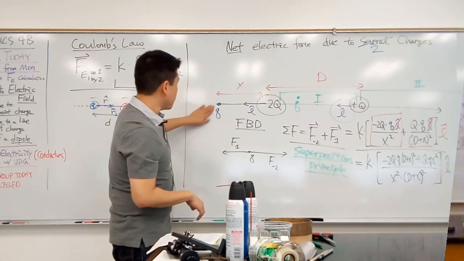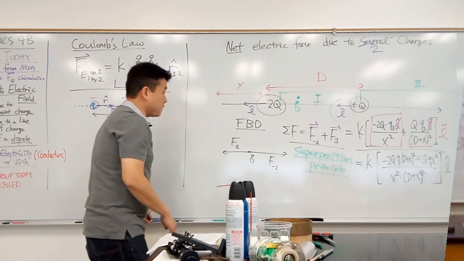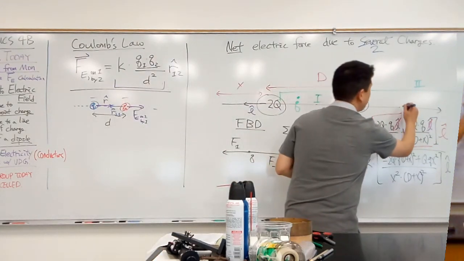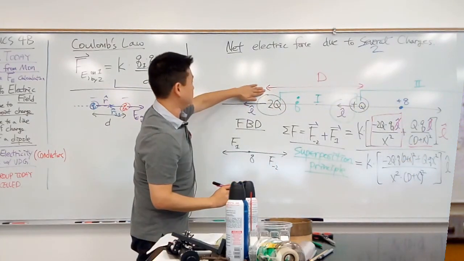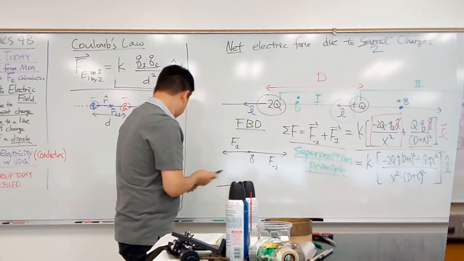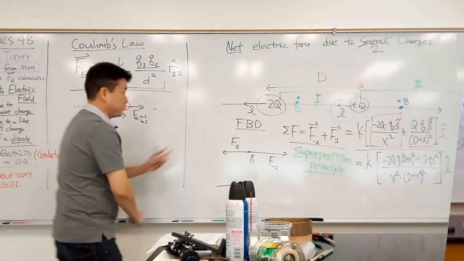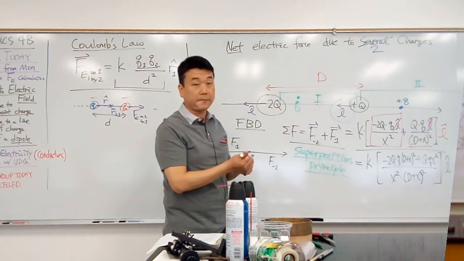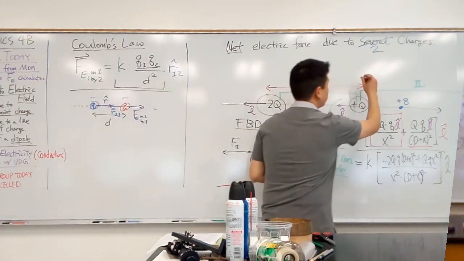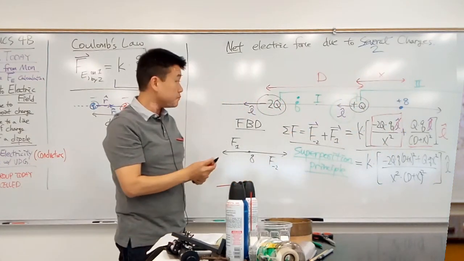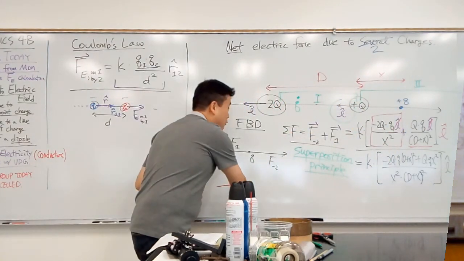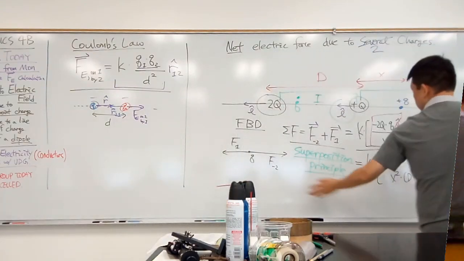So let me move this charge and let's put it here. Let's say the charge is somewhere over here, plus Q. And let me move this label over so that we say these two charges are still distance d apart, and charge plus Q is distance x apart from plus Q. So if we want, we can go through all this again.